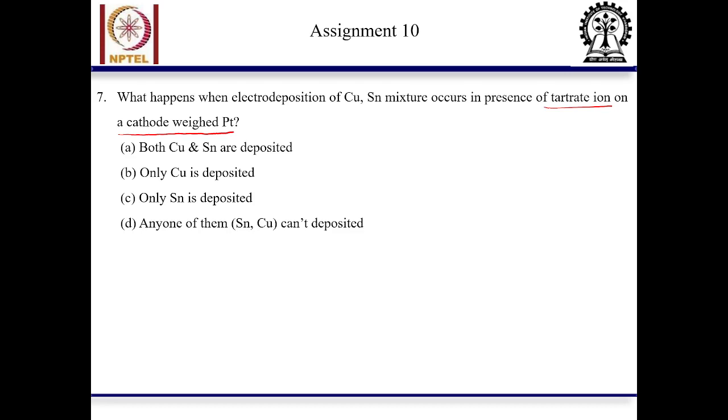Can anyone write in the chat box? What is the answer? Any guesses? Whether both will be deposited or only one will deposit? If one is deposited, which will deposit, or any of them cannot be deposited?